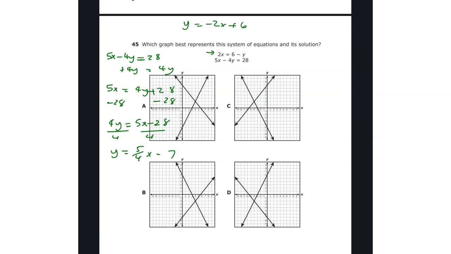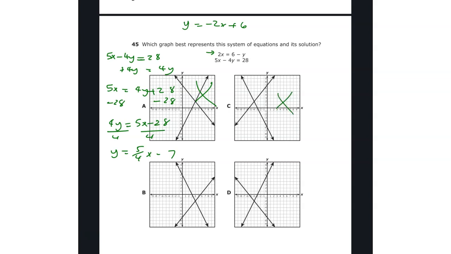So I'm just going to focus on slope and intercept. So the first one, we ended up with y equal to negative 2x plus 6. So I'm looking at a negative sloped graph that has an intercept at 6. So let's see if we can get any of those. Okay, this is not a good idea. This one here, negative slope is negative 6.